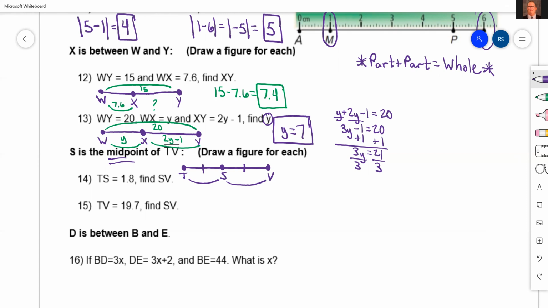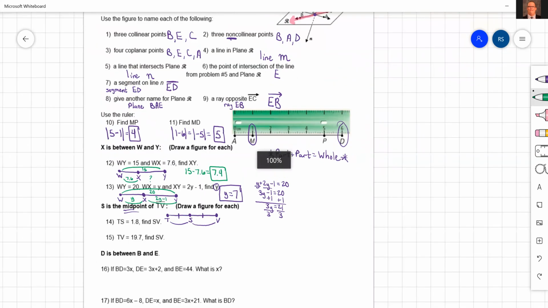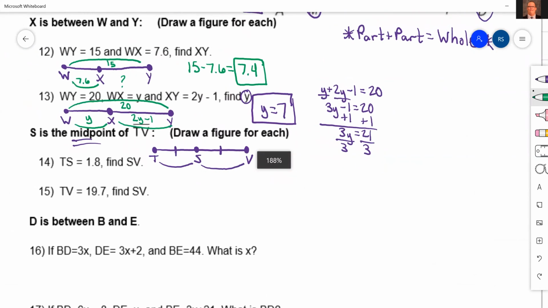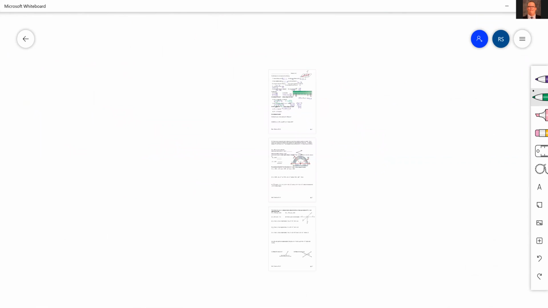Okay, now let's see what 14 tells us. 14 tells us that TS is 1.8. If it'll quit zooming out on me, I'd love to do this problem. Come on.